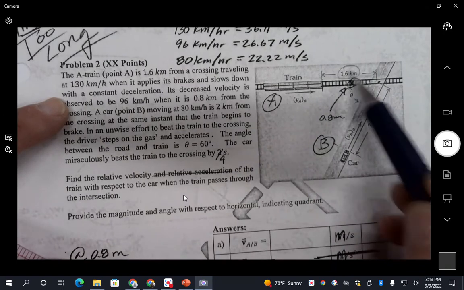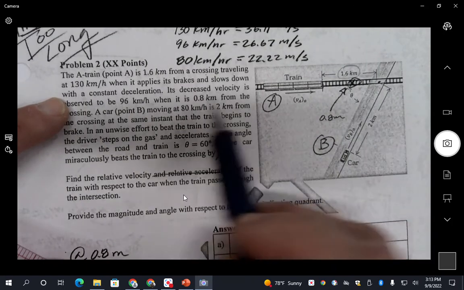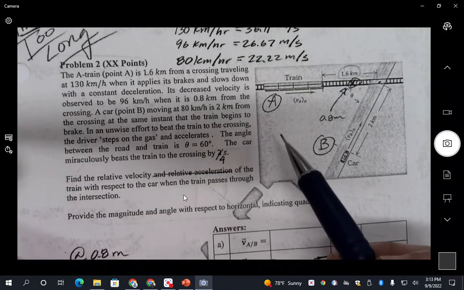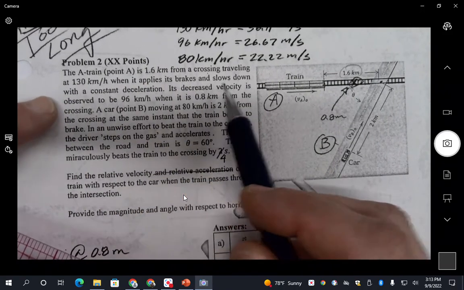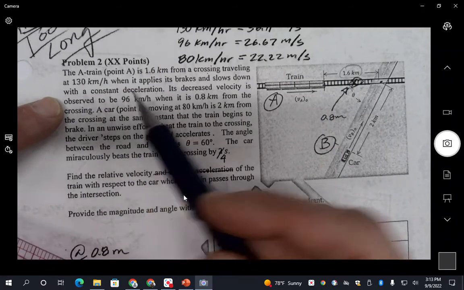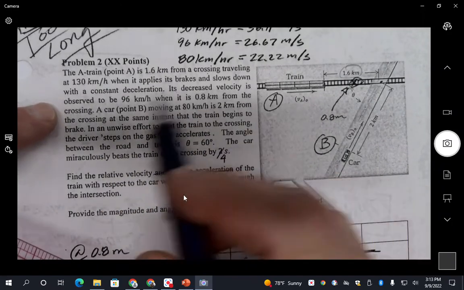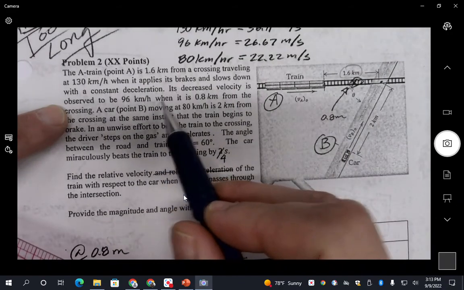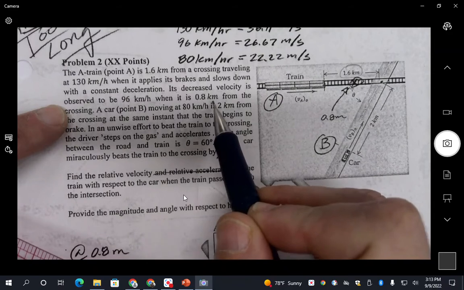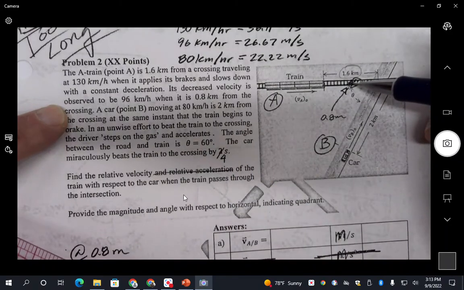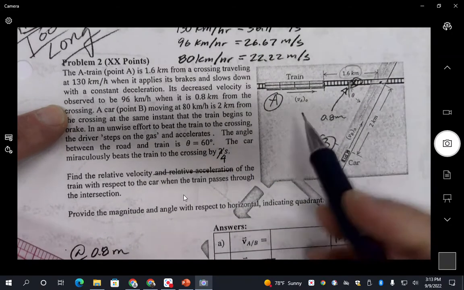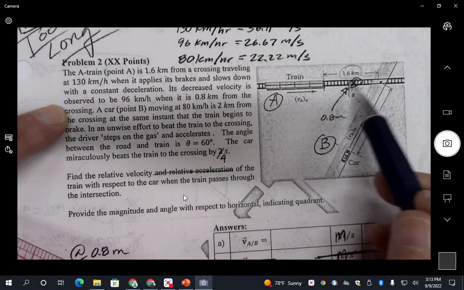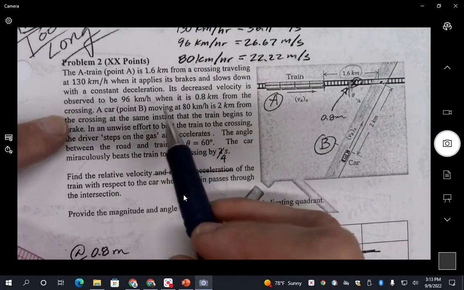It's traveling at 130 kilometers per hour when it applies its brakes, and it slows down with a constant deceleration. Its decreased velocity is observed to be 96 kilometers per hour when it reaches 0.8 kilometers away. So somewhere like halfway through here, we said it went from 130 to 96 right there, right? So it's gone about halfway.